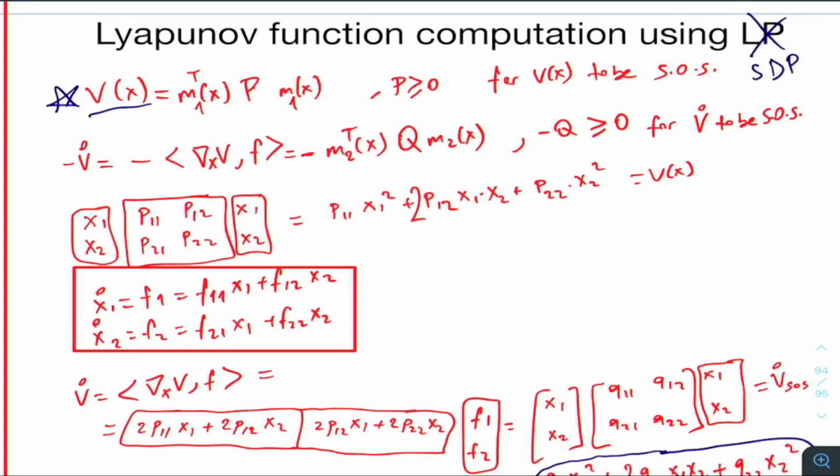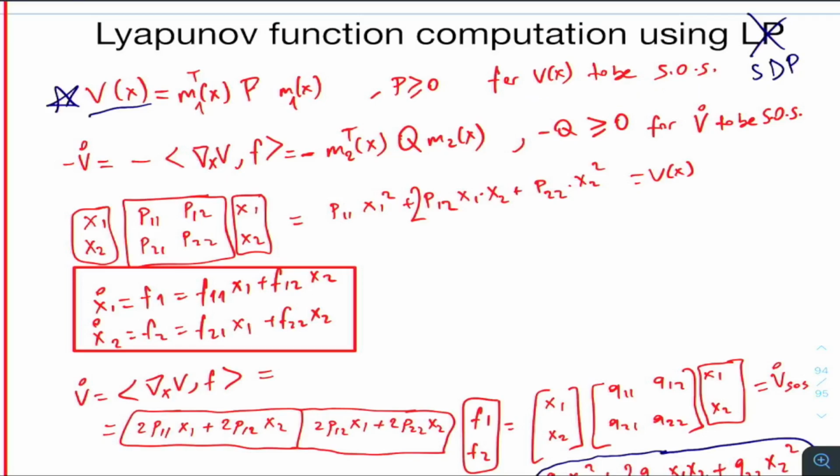And here you need to find your P matrix, and the condition that you would like to impose on P is that P is positive semi-definite. If that happens, you are going to guarantee that your V of x will be a sum of squares. And yes, this is required for a Lyapunov function V of x to be SOS.